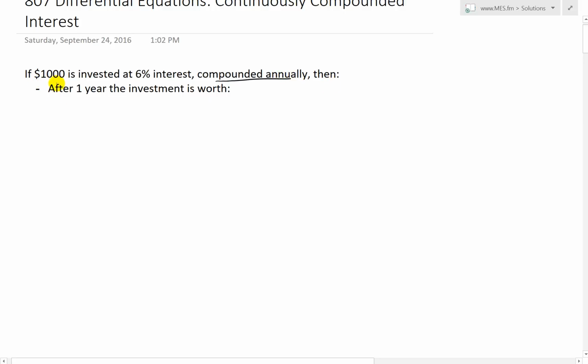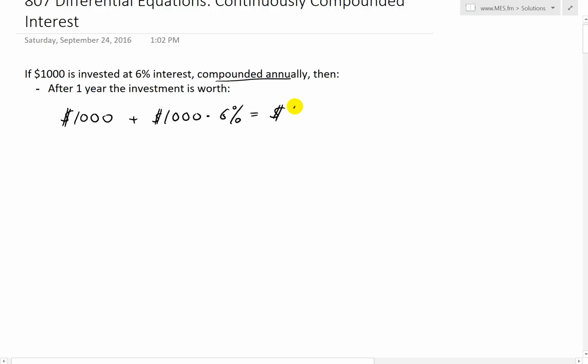So for this specific sum, after 1 year the investment is worth, well, the whole idea of compounded interest is that you start with 1,000 here, then we add to this 1,000 6% of that 1,000. So times this by 6%. In other words, you could factor out the 1,000.